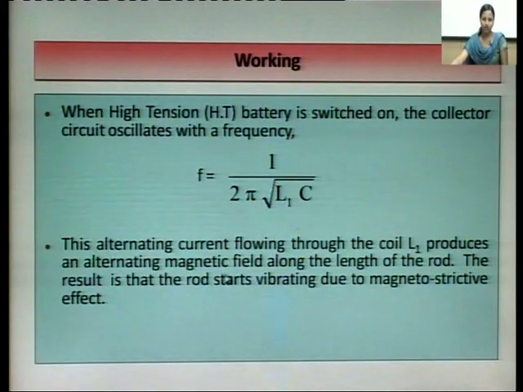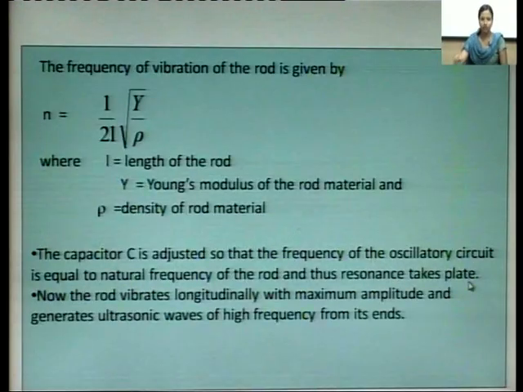This alternating current flowing through the coil L1 produces an alternating magnetic field along the length of the rod. The result is that the rod starts vibrating due to the magnetostrictive effect.